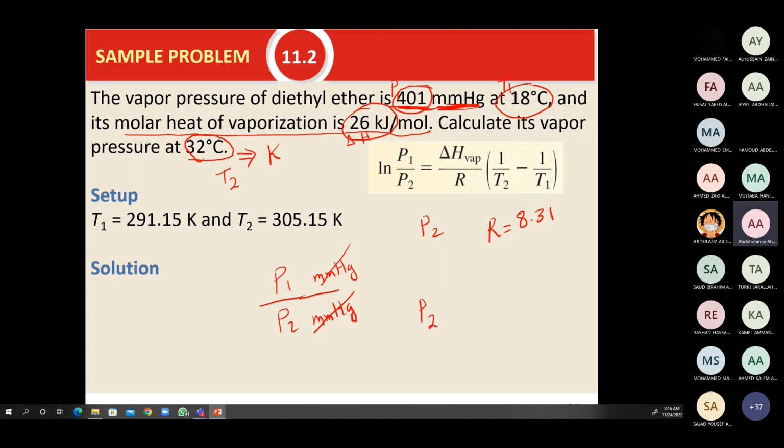So P2, is it going to be similar to 401, higher, or less? I think it will be higher.